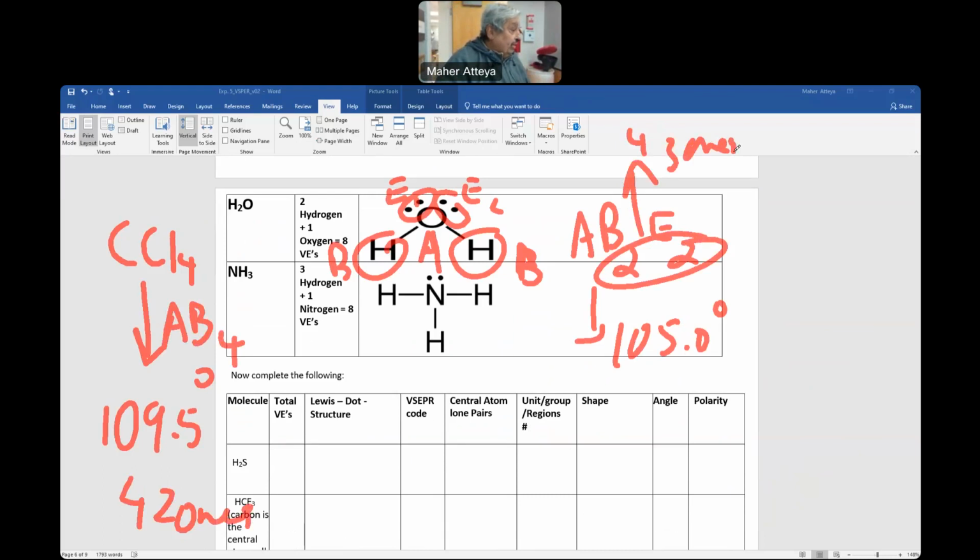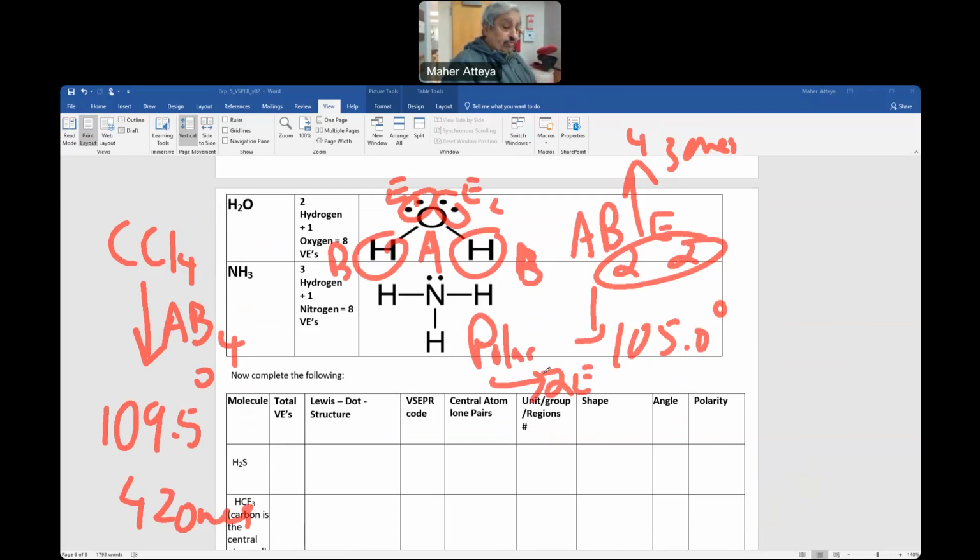Polar, correct. And it has two E's. So the more lone pairs you have on the central atom, the more polar the compound, and the smaller the angle.